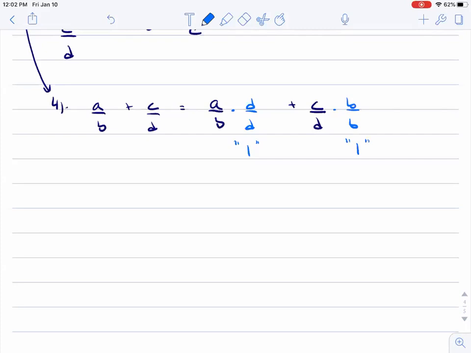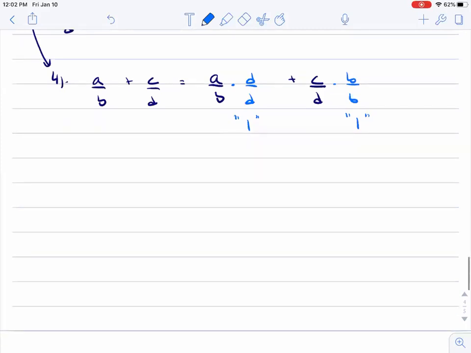Because we know how to multiply fractions, right? We can just multiply straight across. And so what we get here is we get A times D, AD, over B times D, plus C times B, over D times B. D times B and B times D, that's the same value, right?